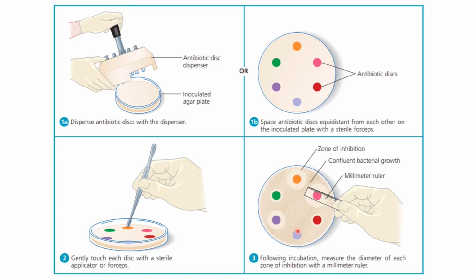If it's resistant, you can see that the organism will grow through the disc, which essentially means that antibiotic was not active. And then we can correlate this to whether it's really susceptible, or is there some sort of intermediate resistance going on? So we can measure the zone of inhibition.